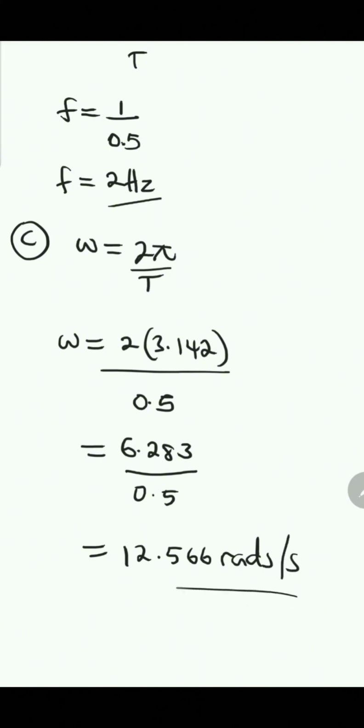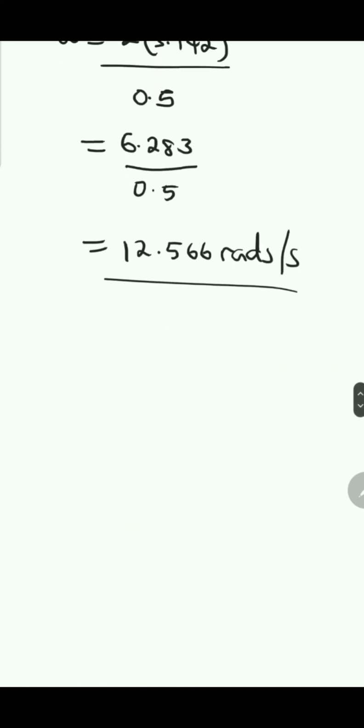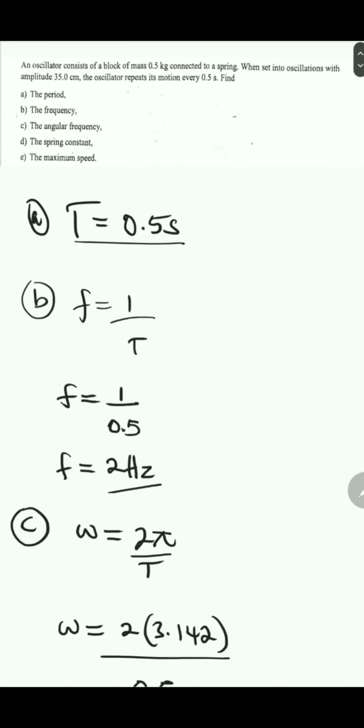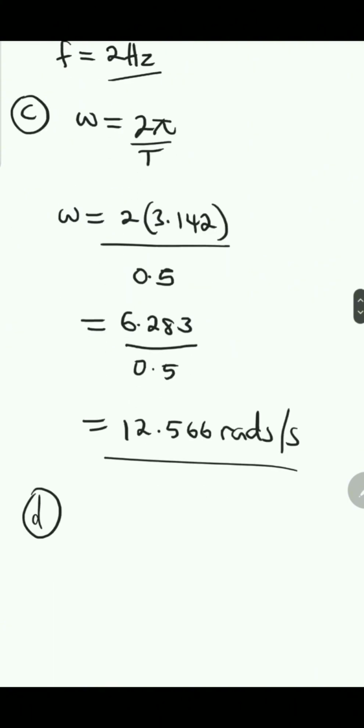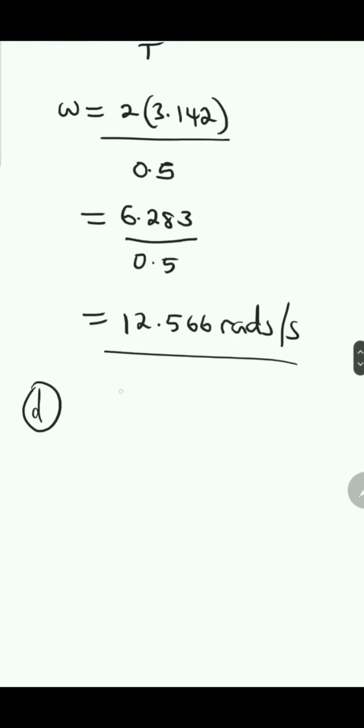Okay, we now go to part D. For part D, we're simply looking at the spring constant. Angular frequency can also be calculated as the square root of k over m, so k is the constant we're looking for.